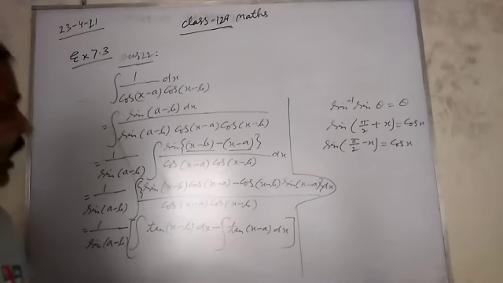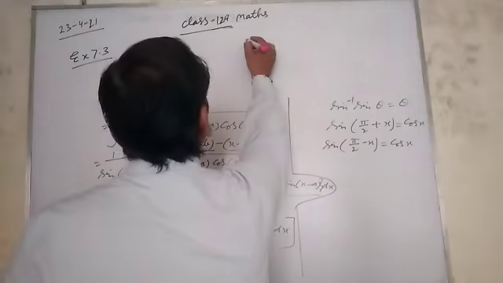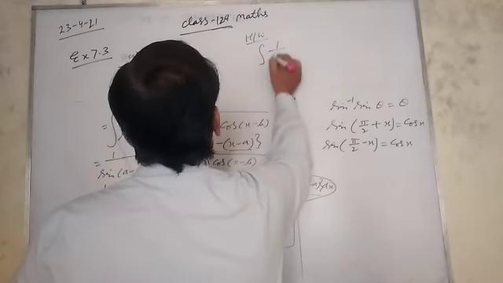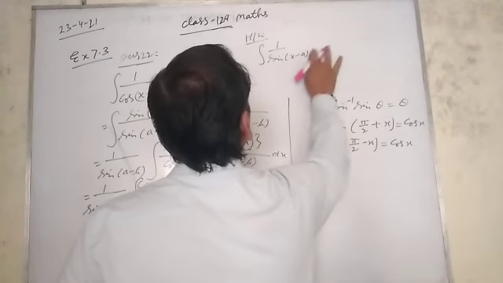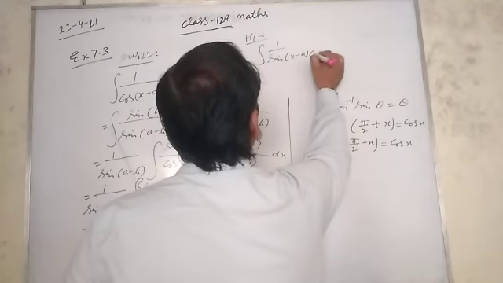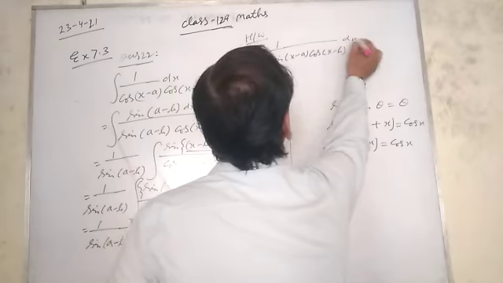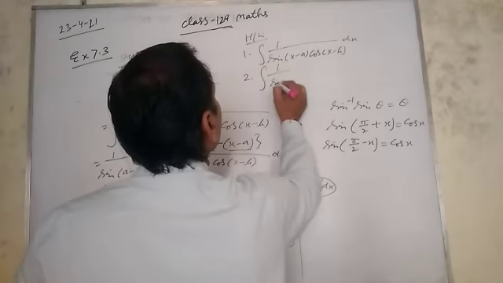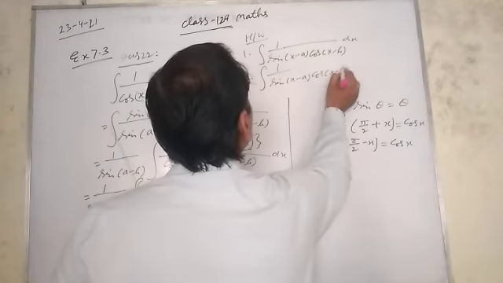Clear? And like this, 3 more questions you write for practice, for homework. First: 1 upon sin(x minus a) cos(x minus b). Second: 1 upon sin(x minus a) sin(x minus b).